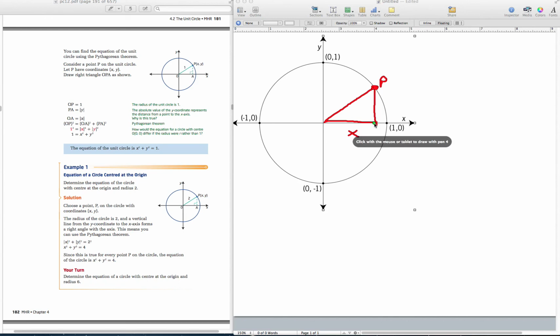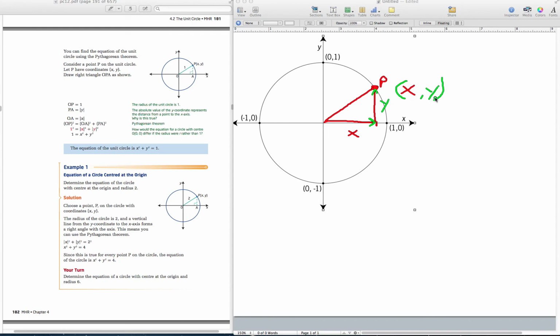Let's give these arrows so we know which direction we're headed. I went that way on y, I'm going this way on x. Sorry, I flipped that. I went this way on x, I went this way on y. So that's how I got to P. So whatever this value of x is, whatever that value of y is, will end up giving me my coordinate. So I'm just going to end up being whatever x comma y is.